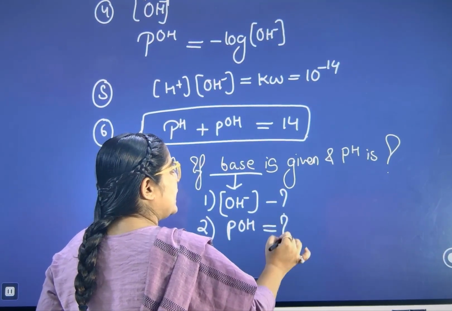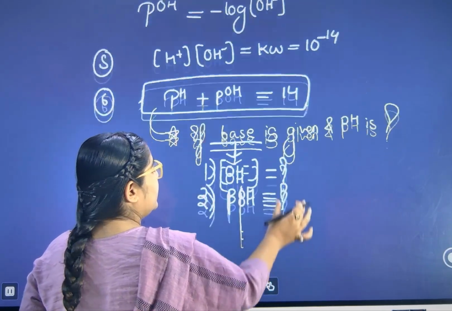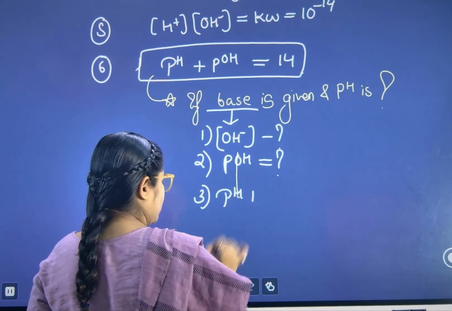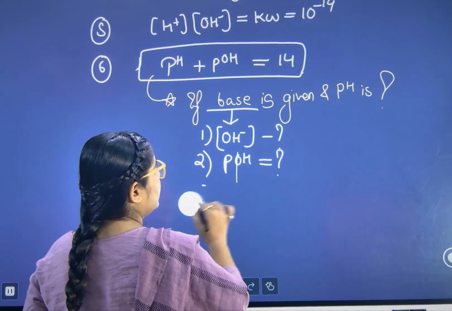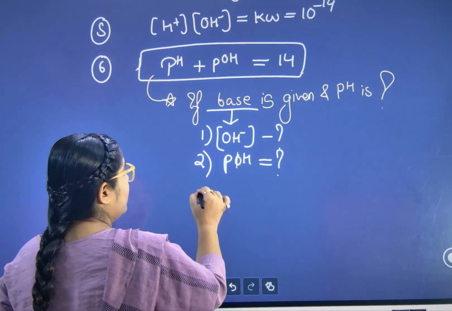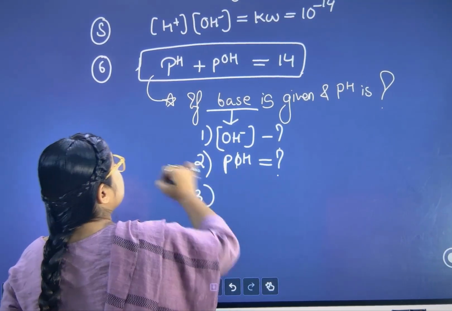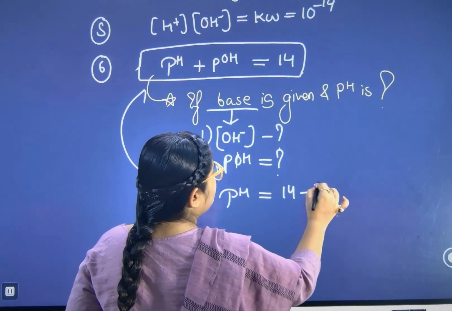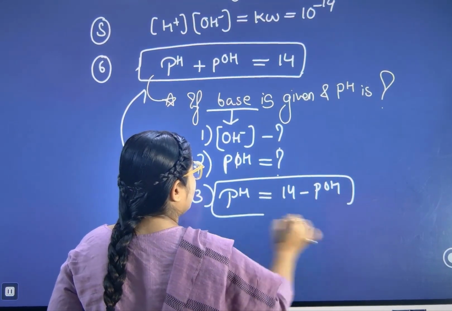After calculating pOH, the third step, I will put it into this equation, and from here I will get pH equal to 14 minus pOH. Are you able to understand?